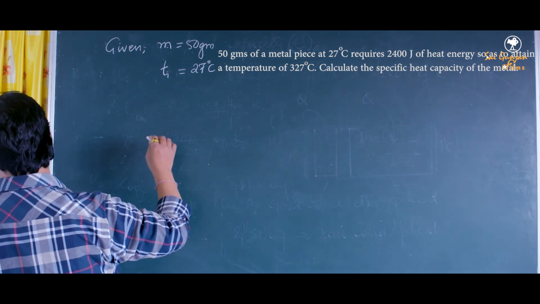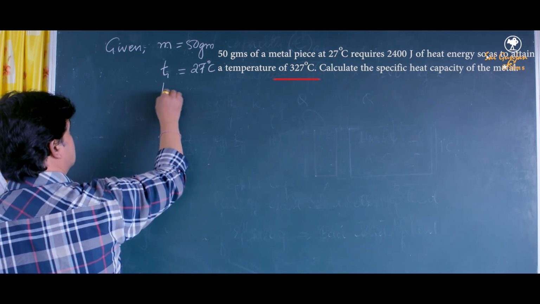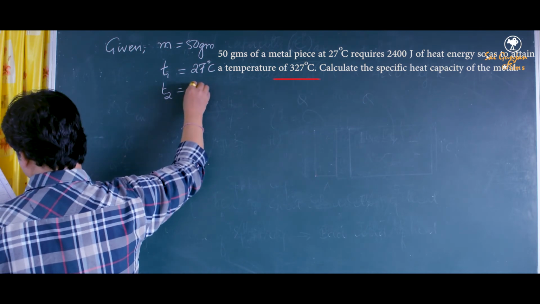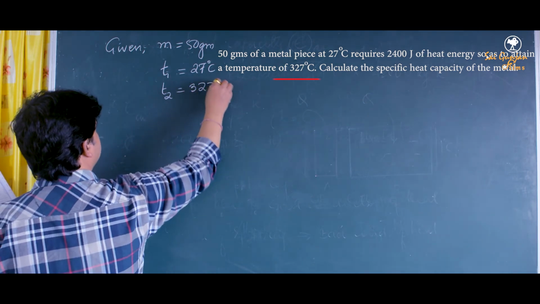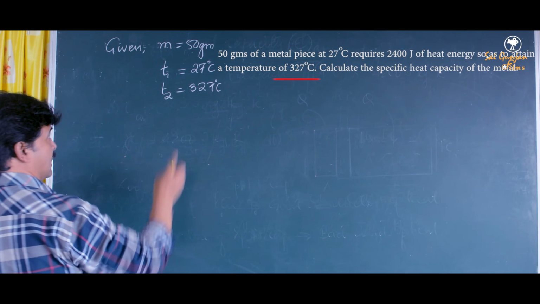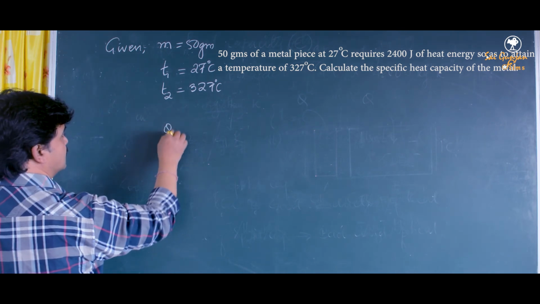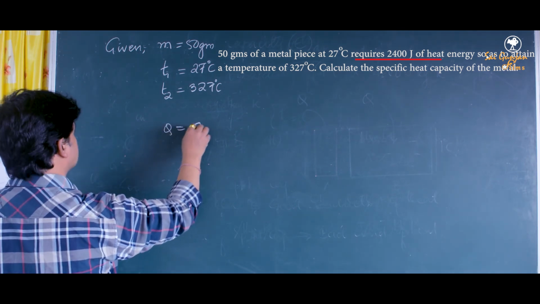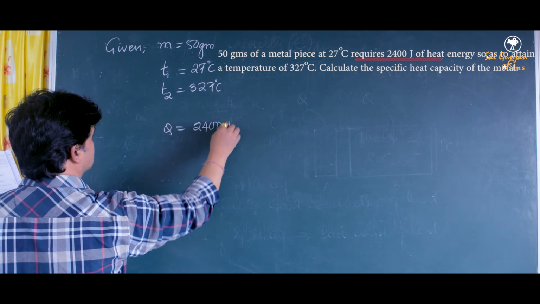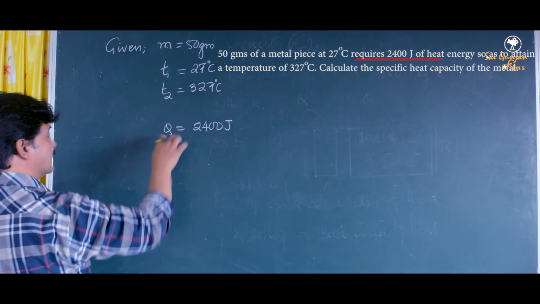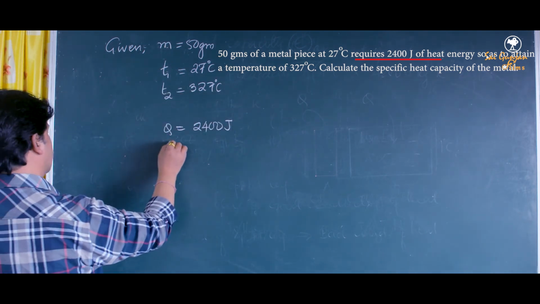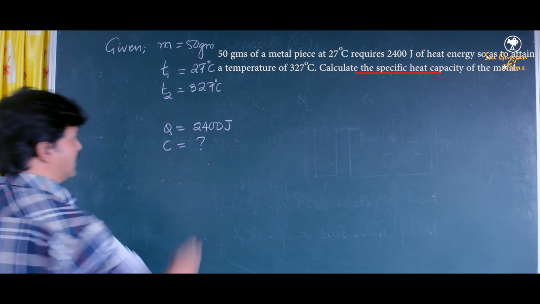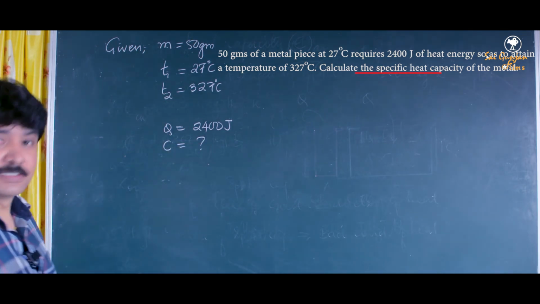And what is the final temperature attained by the metal? T2 is 327 degrees Celsius. And for that, how much heat is required? It is 2400 joule. These are the things given to you. With this, you are asked to calculate the specific heat capacity of the metal, isn't it?